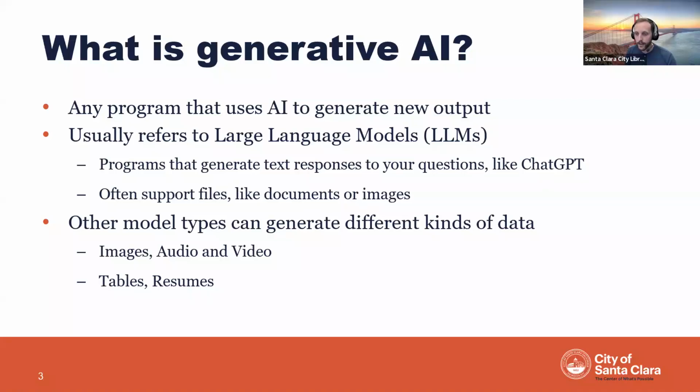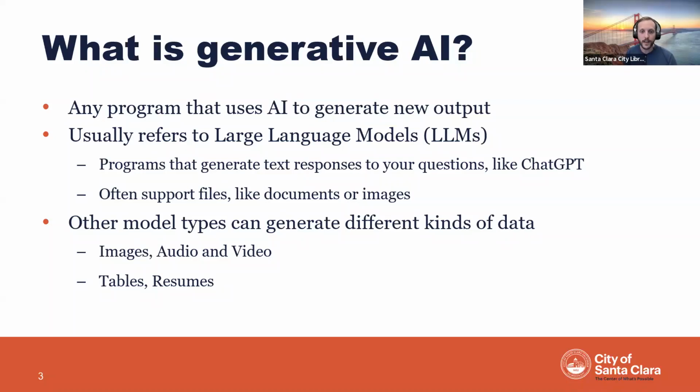But AI in general can refer to a lot of things. You might remember back when IBM's Deep Blue computer went on Jeopardy and played against humans. That's an example of AI, but not generative AI. So I'm going to be talking pretty much solely about generative AI, but I might use just AI as shorthand for that.